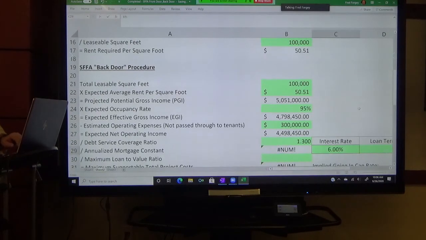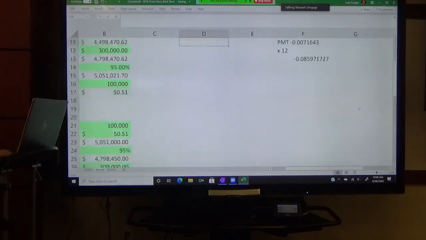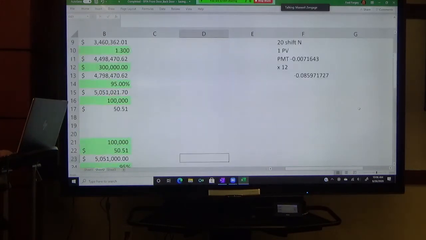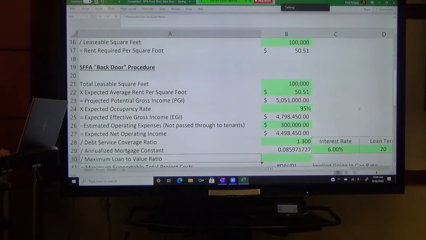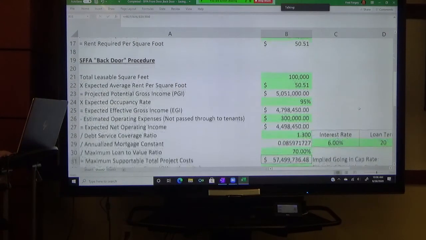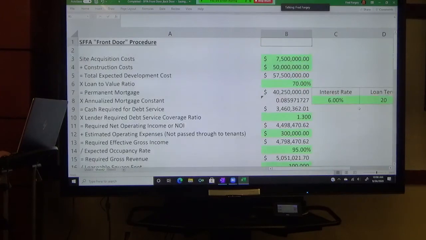Interest rate was 6% for what, 15 years? So backdoor is completely backwards, right? And we said the maximum loan to value was what, 70%? Yes. And then the construction cost we said was 50 million.